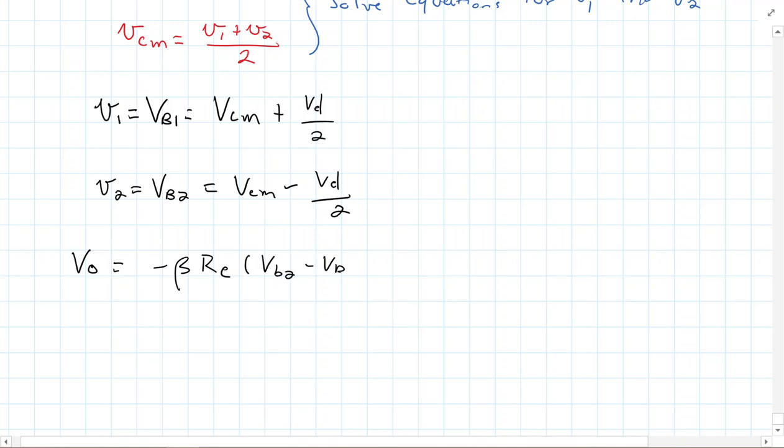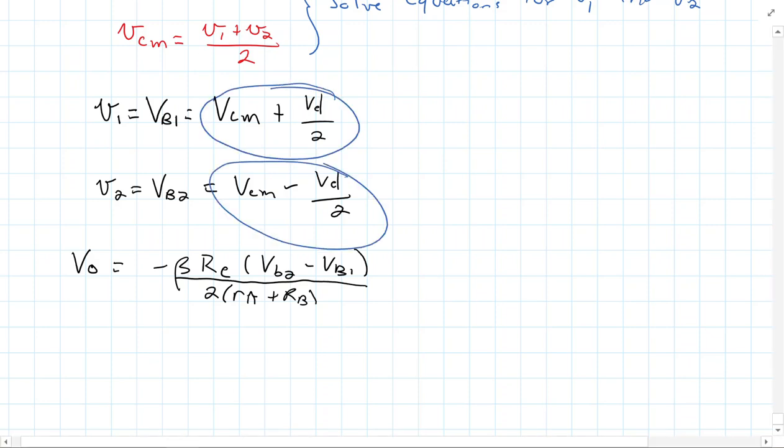VB2 minus VB1 over 2R pi plus RB. And so what we're going to do here is substitute these into the equation.